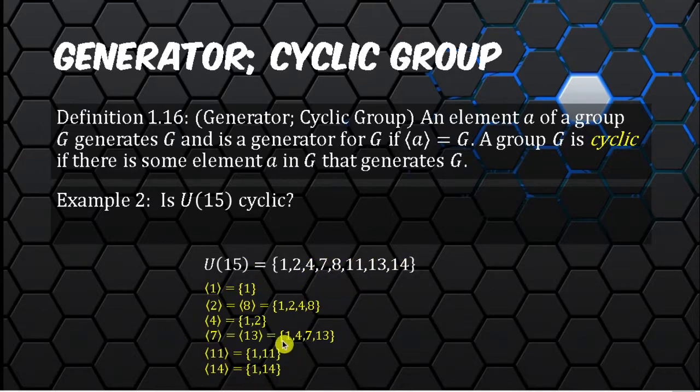Pero kung titignan natin lahat ng subgroup, parang ang pinakamataas yata yung number of elements. Di ba cardinality ang term natin sa set? 4. 4 lang yan. So, walang element ang nakapag-generate ng group natin. So, this is not a cyclic group. U of 15 is not a cyclic group. Wala siyang generator.